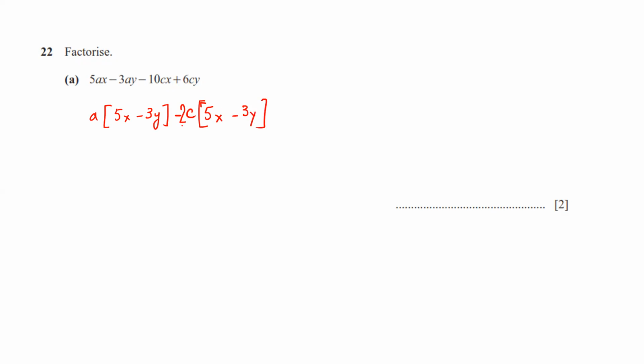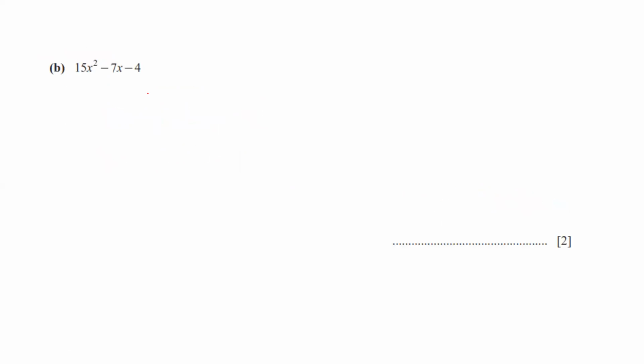Because we're taking the minus common outside, we have to replace the sign. So the inside of both factors is the same. It becomes minus 2c, and we have to multiply it by (5x minus 3y). This is the factorized form of it. So my answer will be minus 2c multiplied by (5x minus 3y). Okay, this is how you go with it.